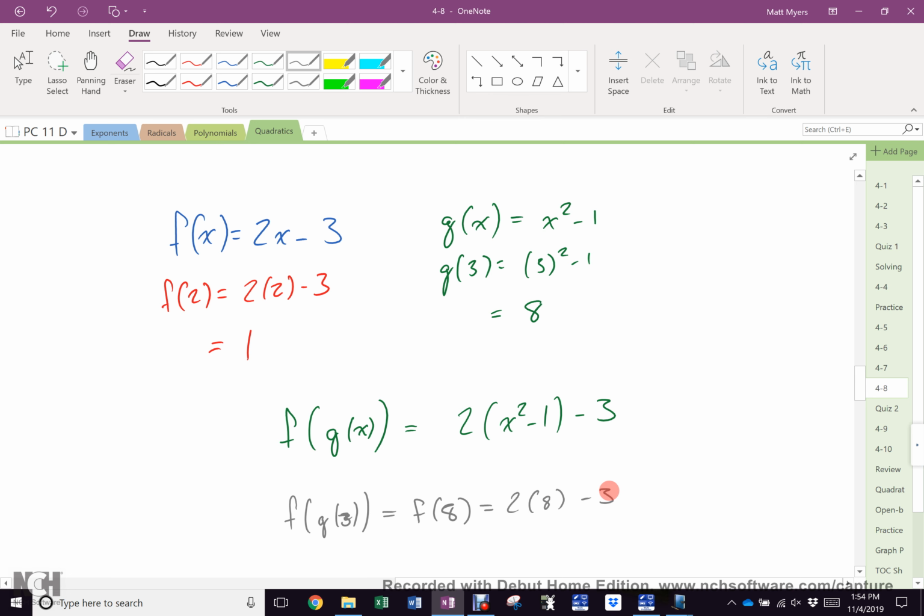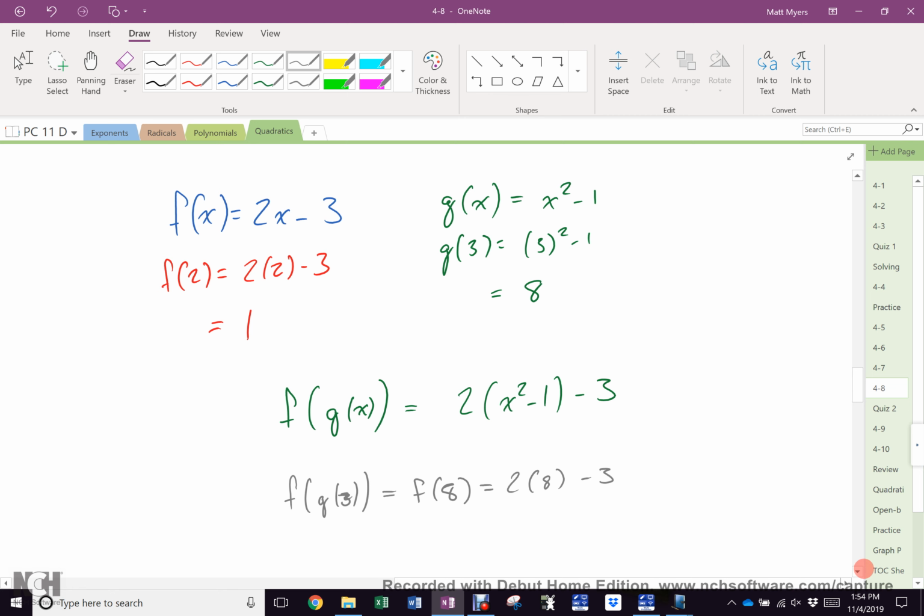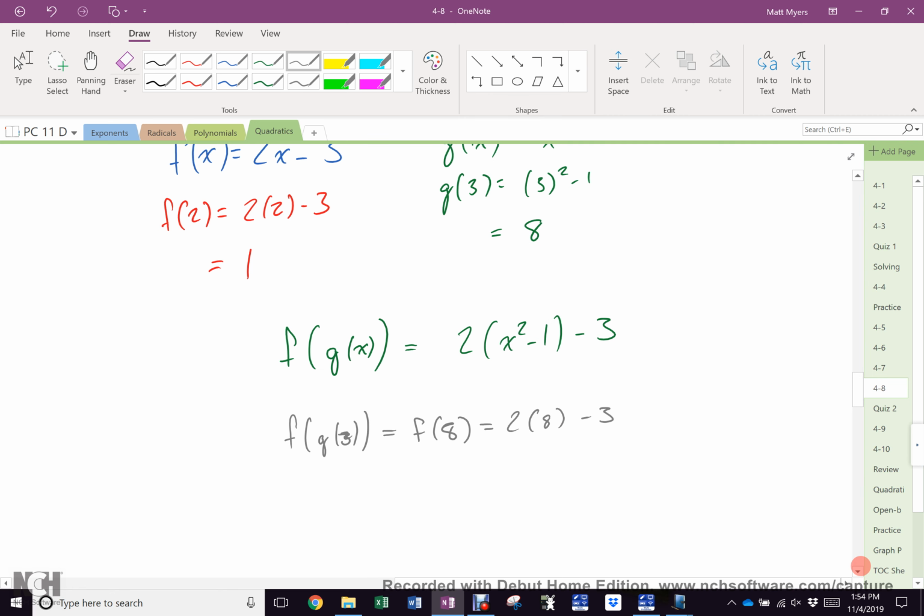Everybody good? Okay. Everybody likes working with numbers better than they like working with letters. Unfortunately, there's an infinite amount of numbers, so it makes it hard. So this right here is written a different way. This is how I write it to teach you, because this makes sense once we talk about it.